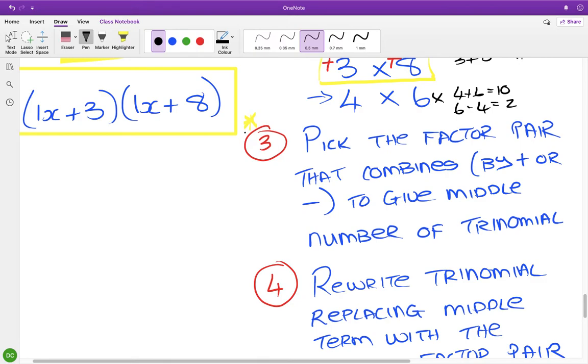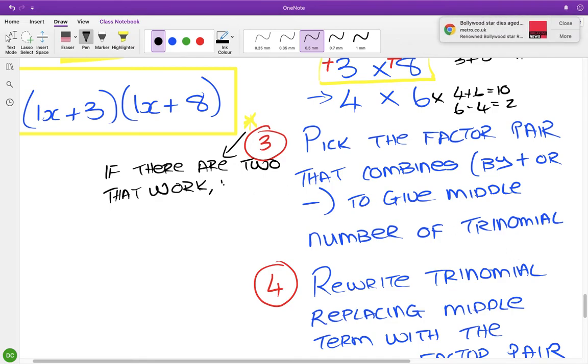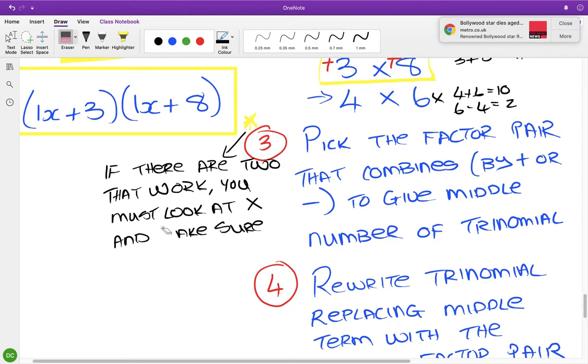And just combining my asterisks there, if there are 2 that work, and by work I mean combine to give you the middle number, you must look at the multiplication and pick the one that multiplies to give back the guide number.